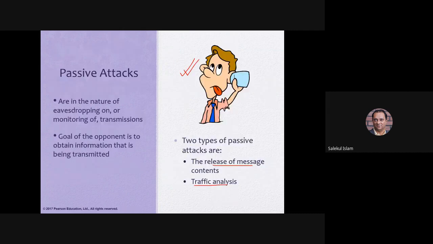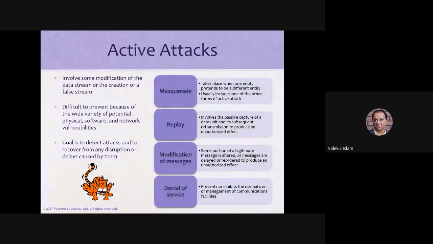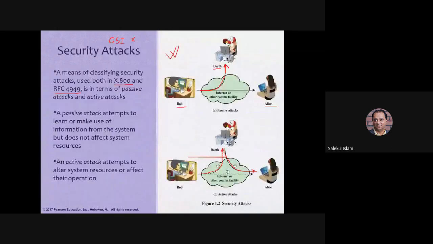Then we can say that this is one kind of release of message contents. Now you can say that maybe they are sending messages in encrypted form. If you go through the book, you will find all the explanations of what I'm saying. They have explained everything.